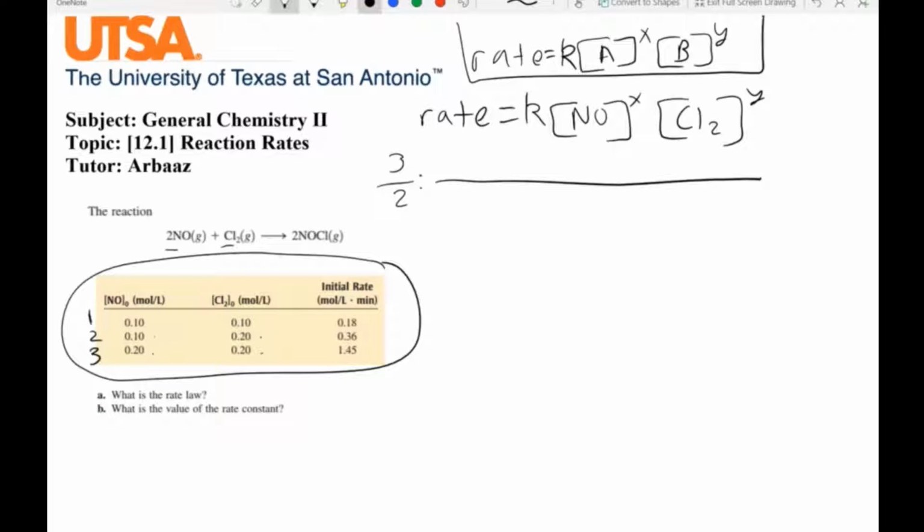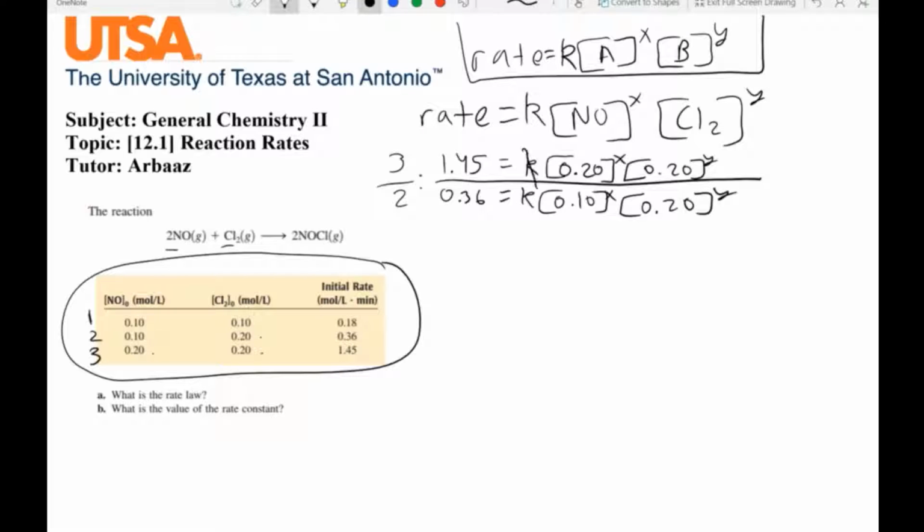And so if it's 3 over 2, it's going to be the rate, which is 1.45, equals the rate constant times the 0.20 for NO raised to the X multiplied by 0.20 for Cl2 raised to the Y, divided by 0.36, the rate of the second condition, equals the rate constant times 0.10 raised to the X multiplied by 0.20 raised to the Y. And so in this case, we see how the rate constant cancels out, and also the whole Cl2 concentration along with the exponents.